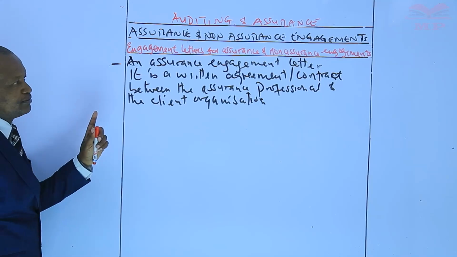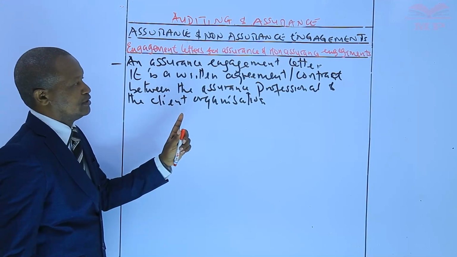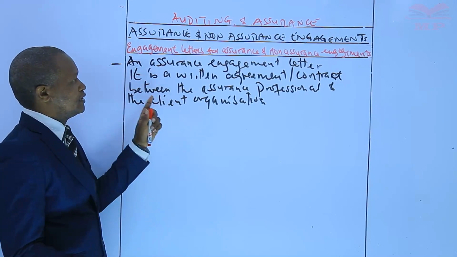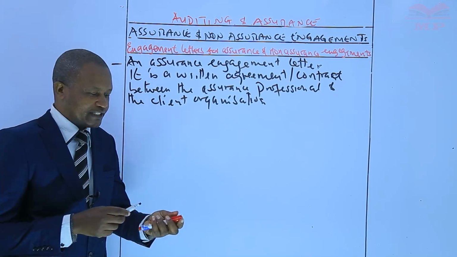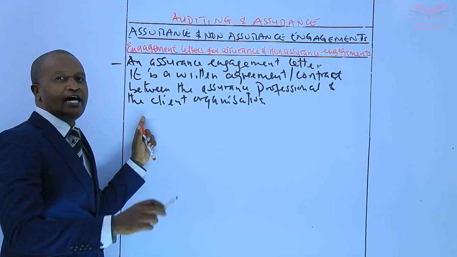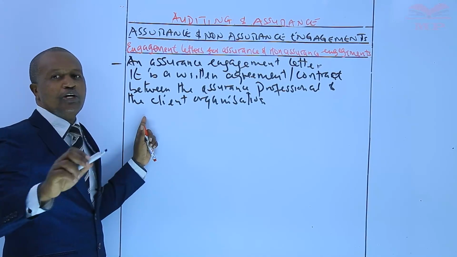It is a written agreement or contract between the assurance professional, like an accountant or an auditor or a practitioner, with the client organization, and it outlines the terms. This letter outlines the terms and conditions under which the assurance engagement will be conducted.